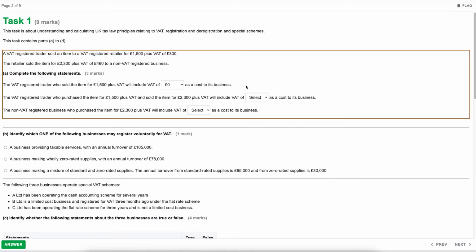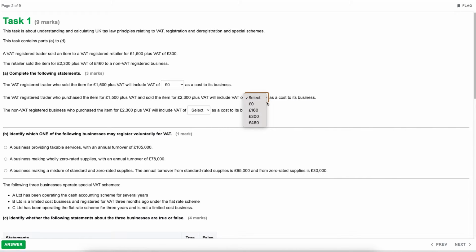So moving on to the next bit, it says the VAT registered trader who purchased the item for £1,500 plus VAT sold the item for £2,300 plus VAT and will include VAT of, and then again we need to select from the same options as a cost to its business. Well, the same applies. So they have purchased this item and there would be VAT on this item.